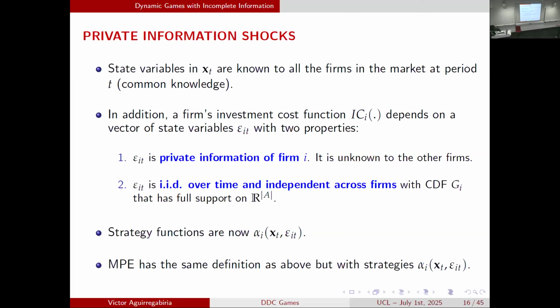Then the strategy function of a player is going to depend not only on the common knowledge variable X, but also on the private information epsilon.